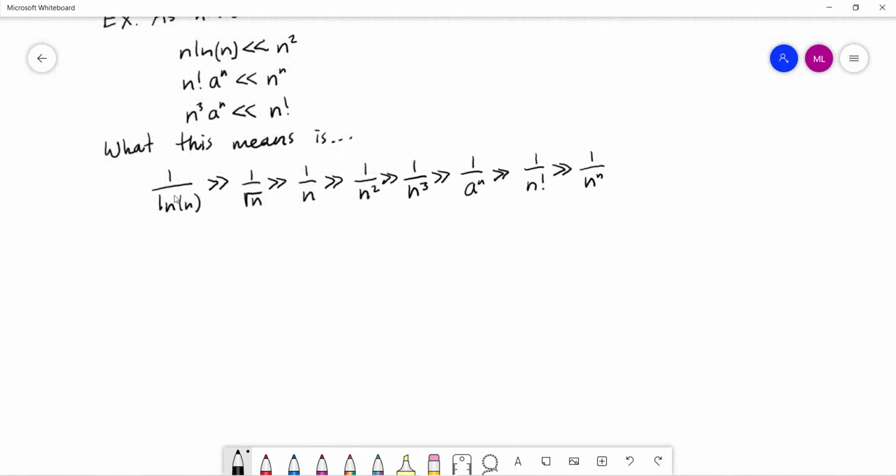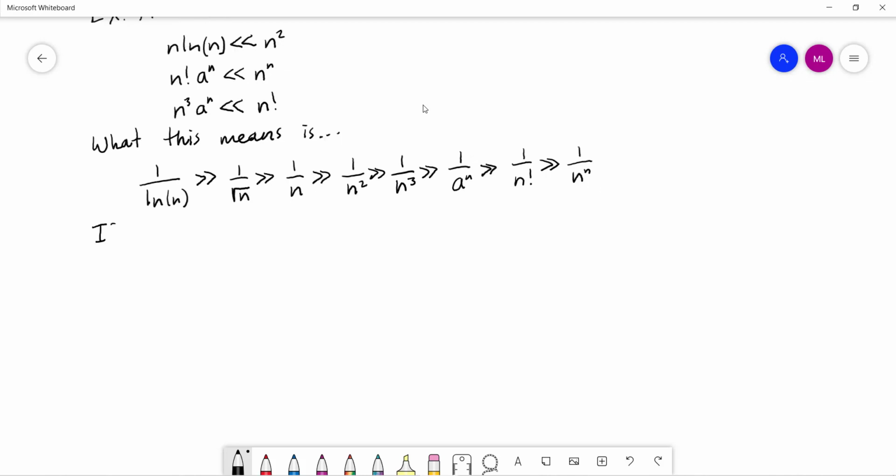Think about which of these terms are going to converge and which will diverge in a series. Let me write out some words here. All of these go to 0 as n goes to infinity.